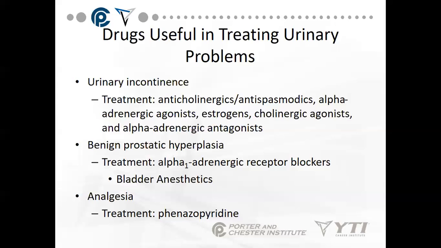So with less DHT in the prostate, the cells do not receive the signal to grow. As a result, the gland shrinks and puts less pressure on the urethra, allowing better urine flow.